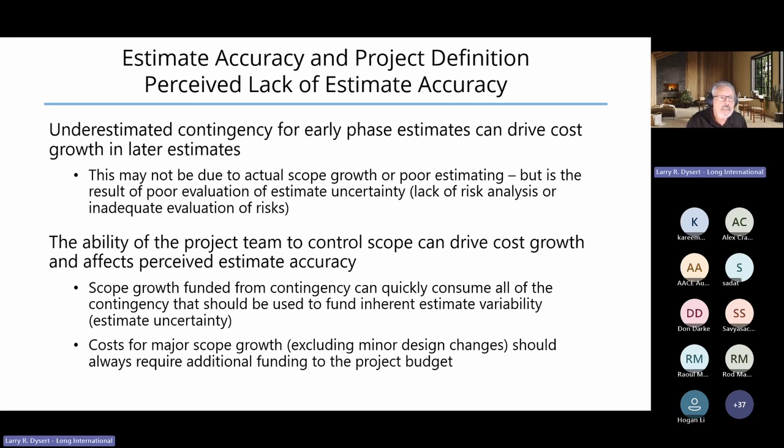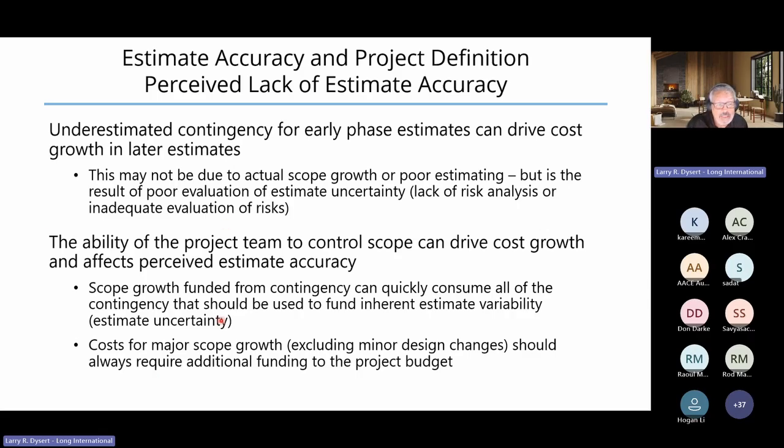And we need to be careful because if we've underestimated contingency in those early phases, that can sometimes drive perceived cost growth in later estimates. As we get better definition, when we redo our estimate, we get a different probability distribution. So if we're not using risk analysis in those early phases, and we're just assigning what we think is a proper range, then we may be in trouble in later stages.